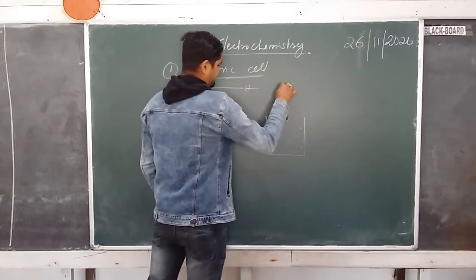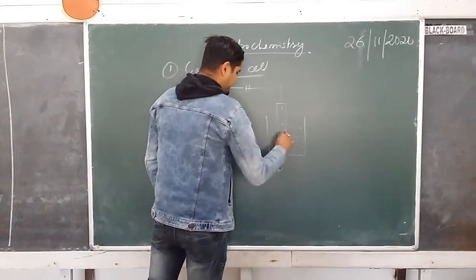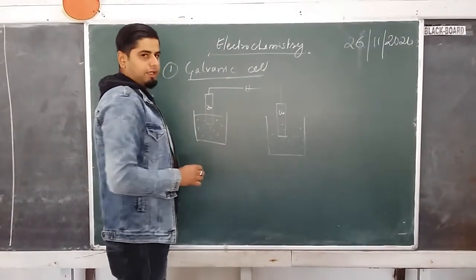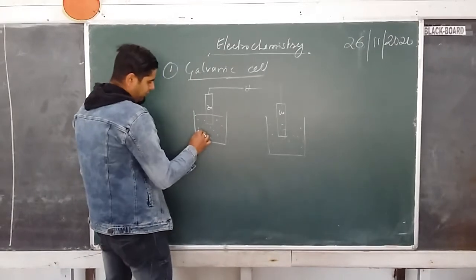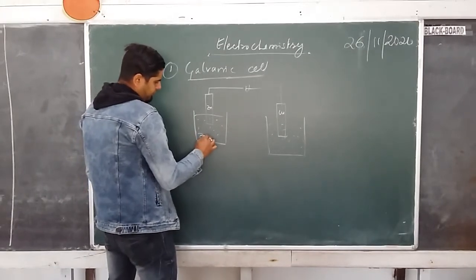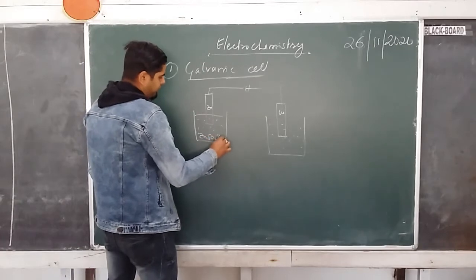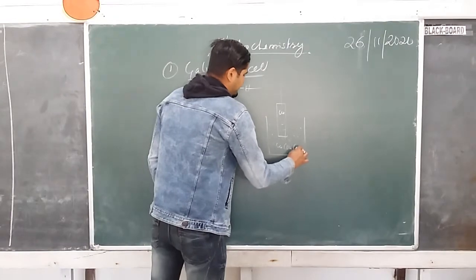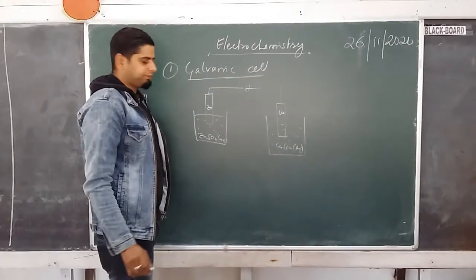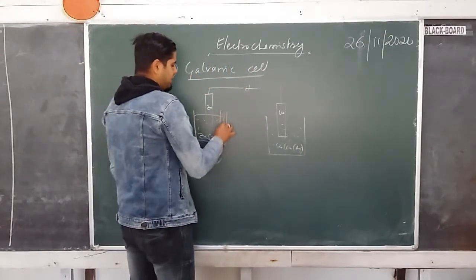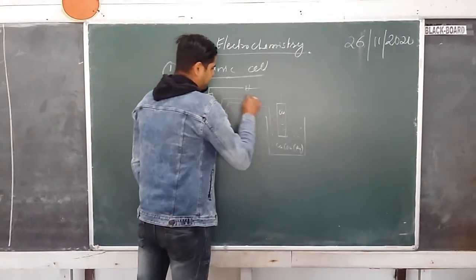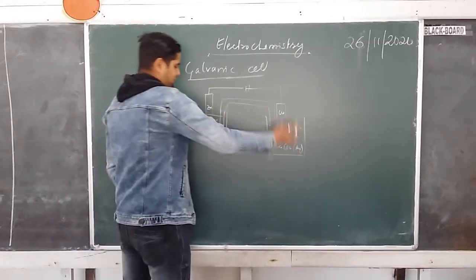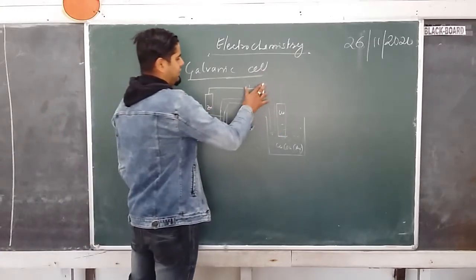And here is a copper electrode. Suppose this is copper, this is zinc. And if here we have aqueous zinc sulfate, that is electrolyte. Here suppose we have aqueous copper sulfate. And if this is connected to a salt bridge, then from this reaction electricity is generated.